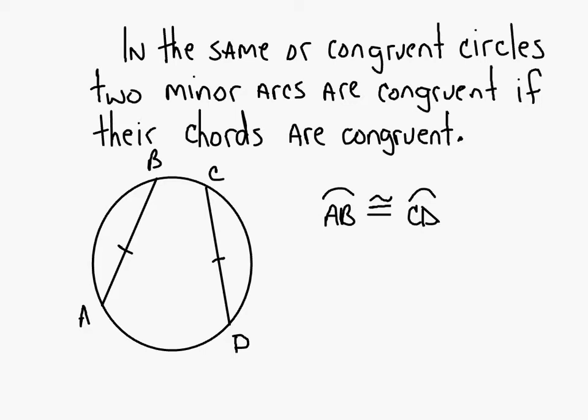Just kind of makes sense, right? If the distance from A to B is the same as the distance from C to D, and you're in the same circle, or a congruent circle, then the arc measure, arc AB, has to be the same as arc CD.